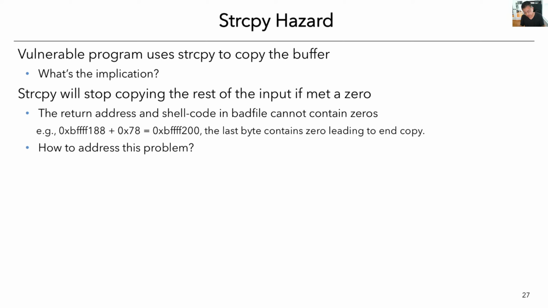Next we're going to talk about the shellcode. But before that, we need to talk about something called a string copy hazard. If you still remember, the vulnerable function uses strcpy to copy the malicious code into the destination buffer.